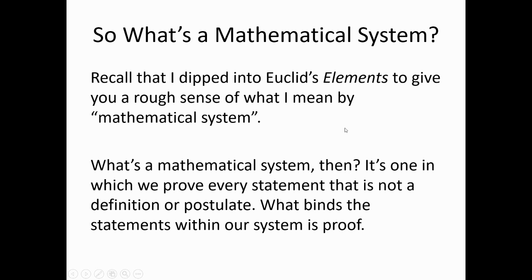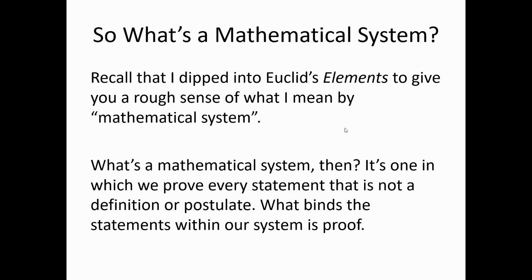Now, with all of this said, we can, I think, describe the structure of Euclid's Elements, and so answer the question what it means when we say that it's a mathematical system. Well, when we say that Euclid's Elements is a mathematical system, we mean that it's one in which we prove every statement that is not a definition or a postulate.